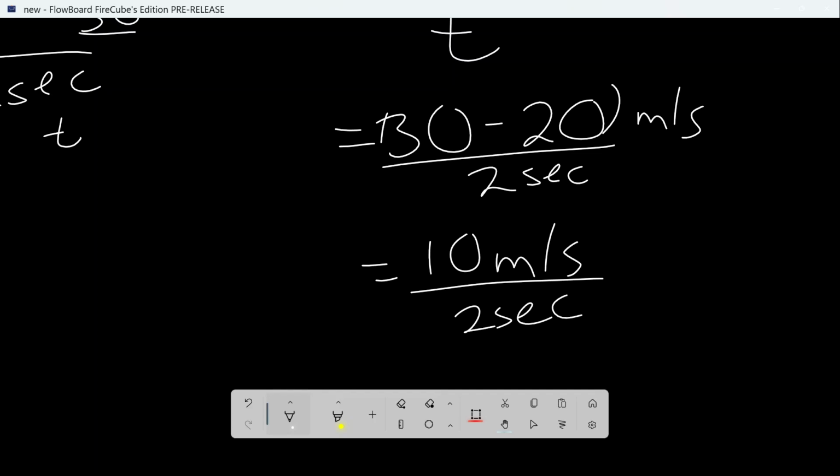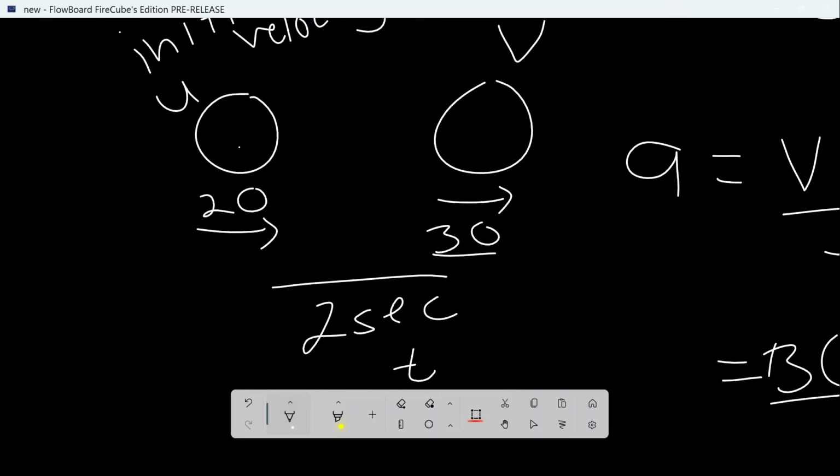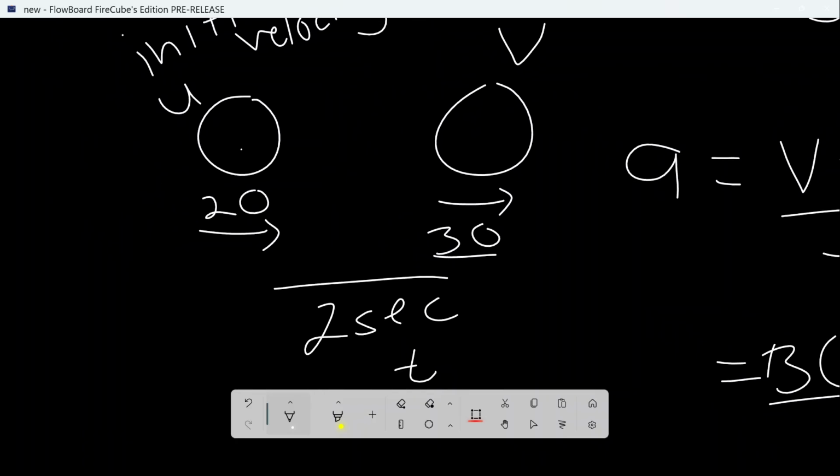So the change in velocity is actually going to be 5 meters per second. So for each second in this scenario right here, the speed increased by 5 meters per second for every single second. The first second it reached 25, then the next second it reached 30. And that's the key idea for acceleration: change in velocity out of time.